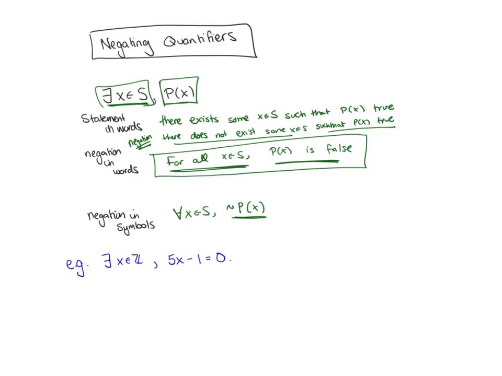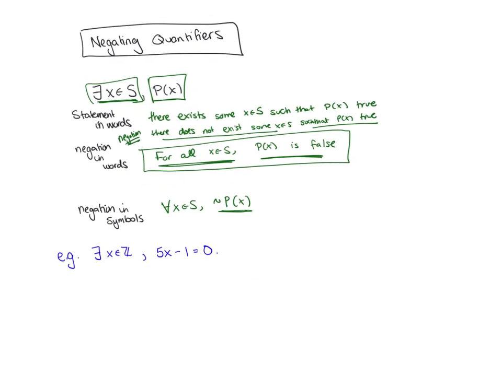So let's try that. Here we have the statement that says there exists an integer, we always put a "such that" after the there exists, such that 5x minus 1 is equal to 0. Well, if I take an integer times 5 and then minus 1, I'm never going to get 0.